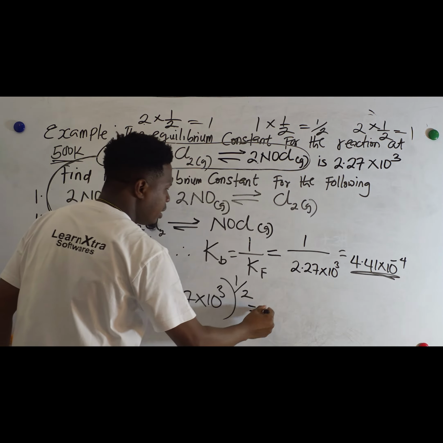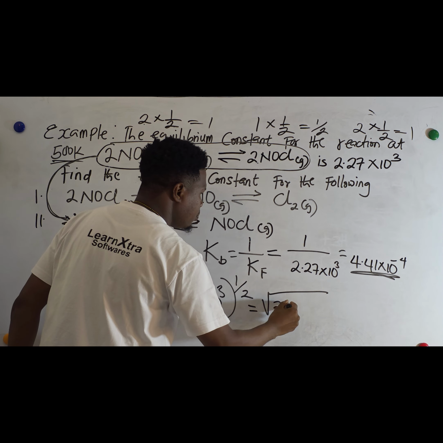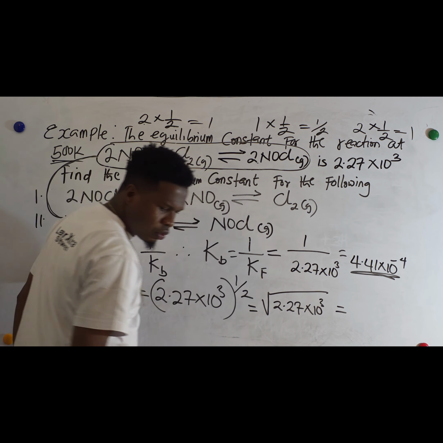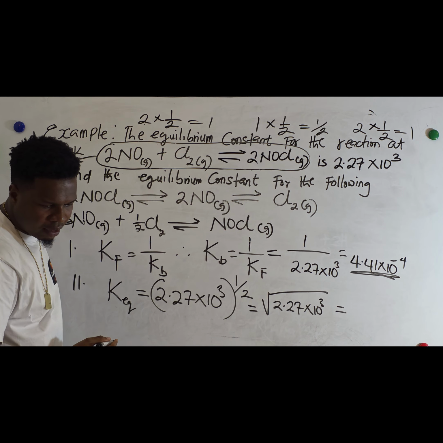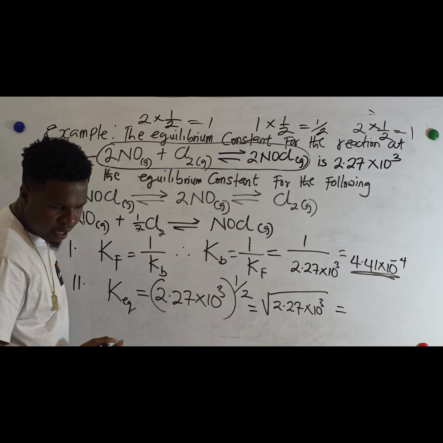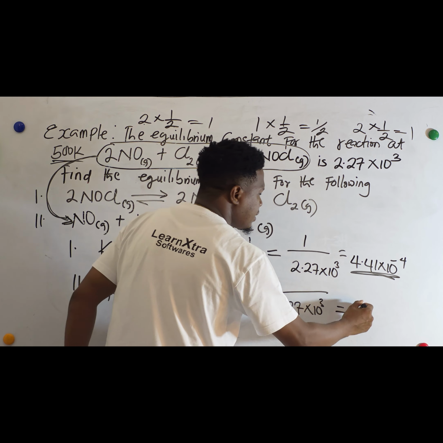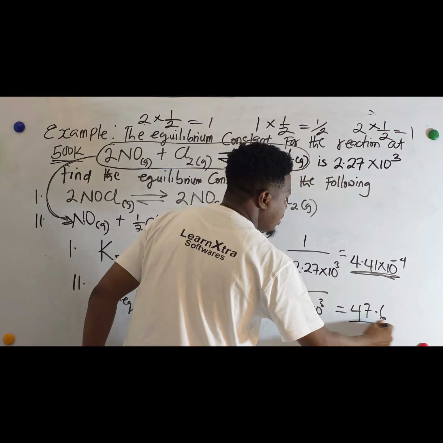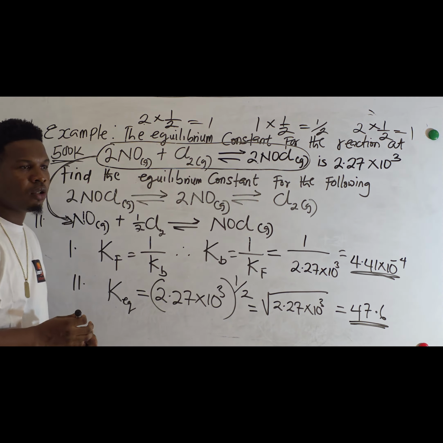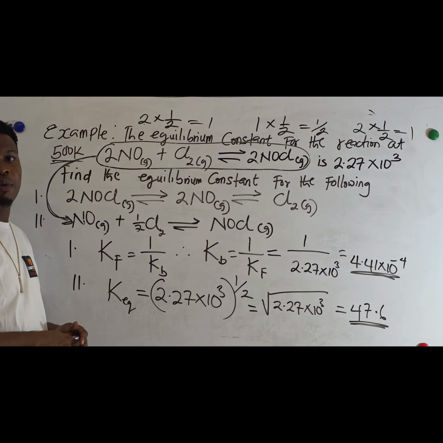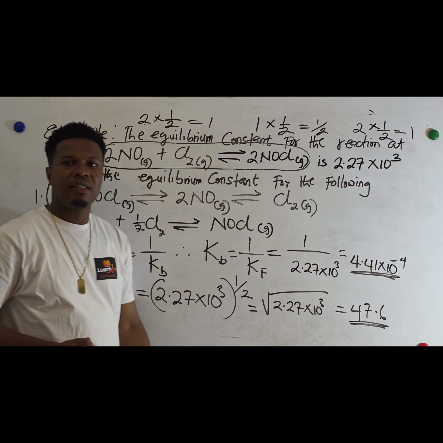So this will be the square root of 2.27 times 10 to the power of 3. When you solve this, you are likely to get 47.6. So this is the equilibrium constant. So understand what we did here. I just applied the rules or the properties of the equilibrium constant to get these values.